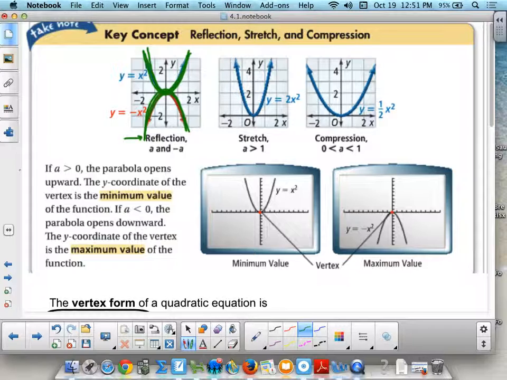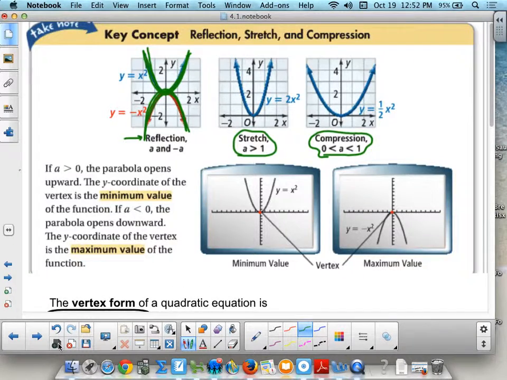Good? Okay, what if you stick a number in front of the parent like a 2? Something greater than 1, it will stretch the parent. How about a number less than 1 but bigger than 0, like 1/2? That's going to be a compression. It's like pulling the parabola down half as tall.